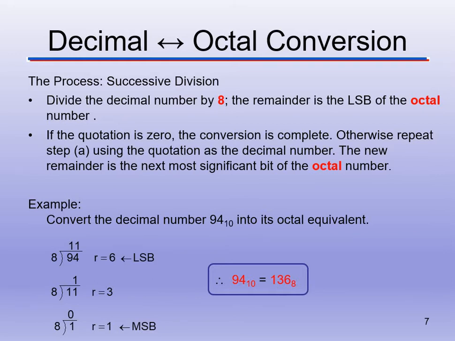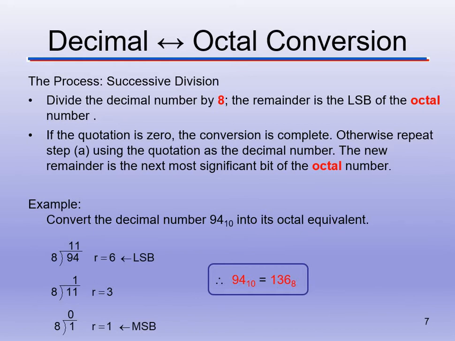Then I take the number 11 and divide it by 8. 8 goes into 11 one time. 11 minus 8 is 3, so our remainder is 3 there. Then I have to take 1 and divide it by 8. That can happen 0 times, so then my remainder is 1. So as always, the last number I get is my MSB.